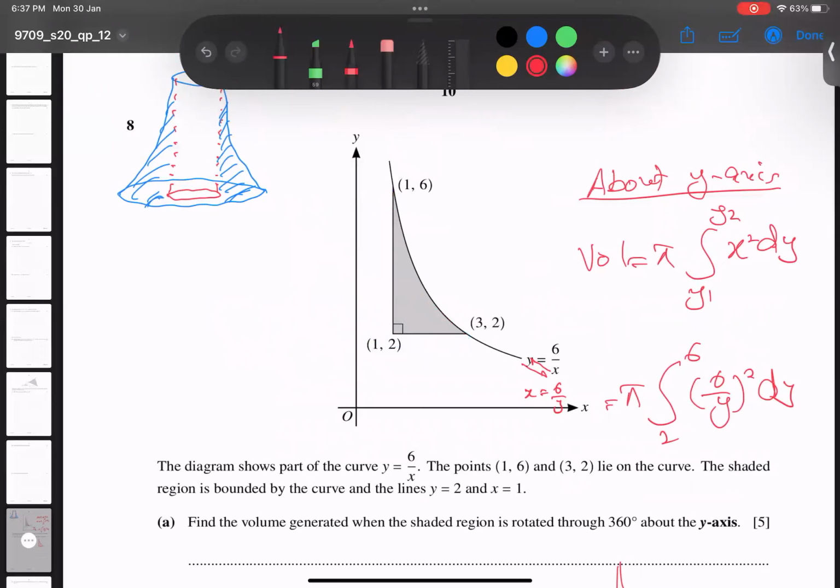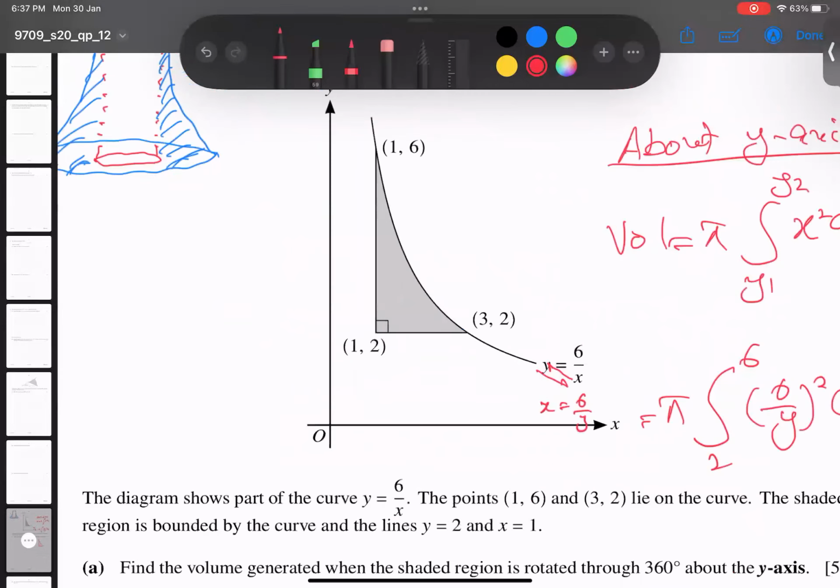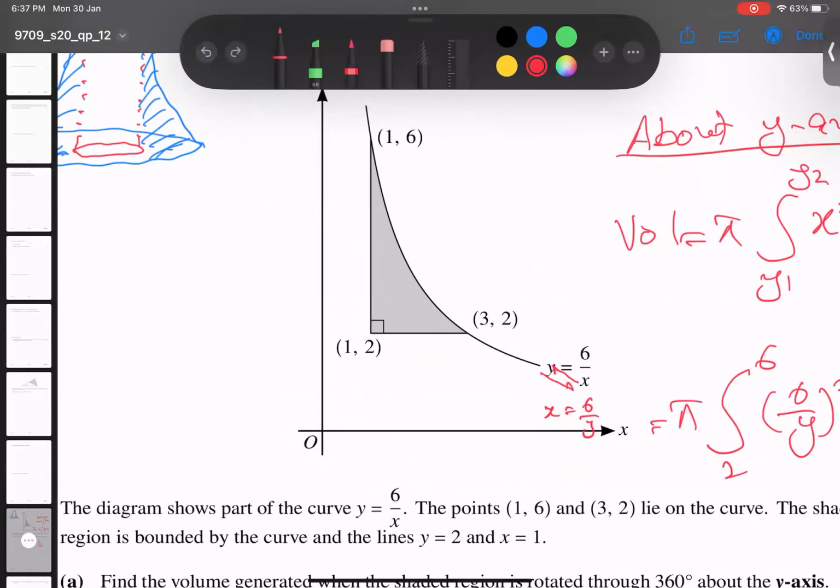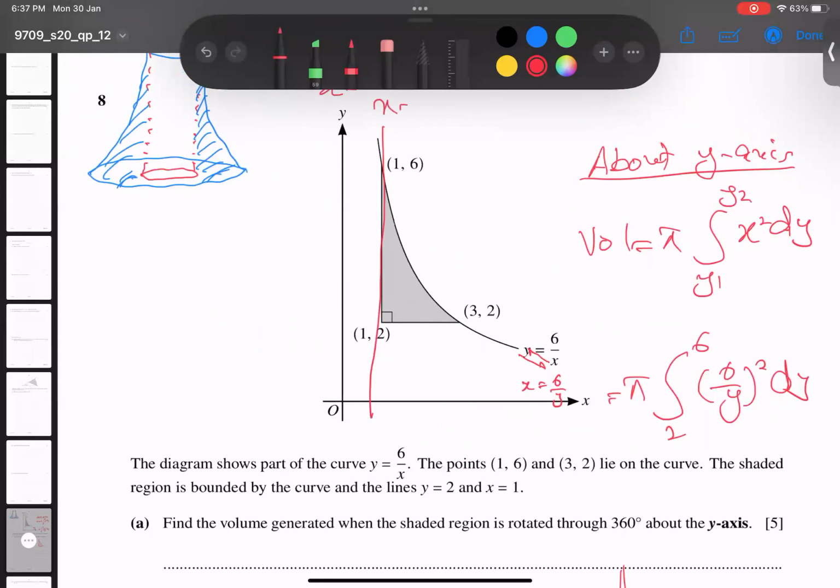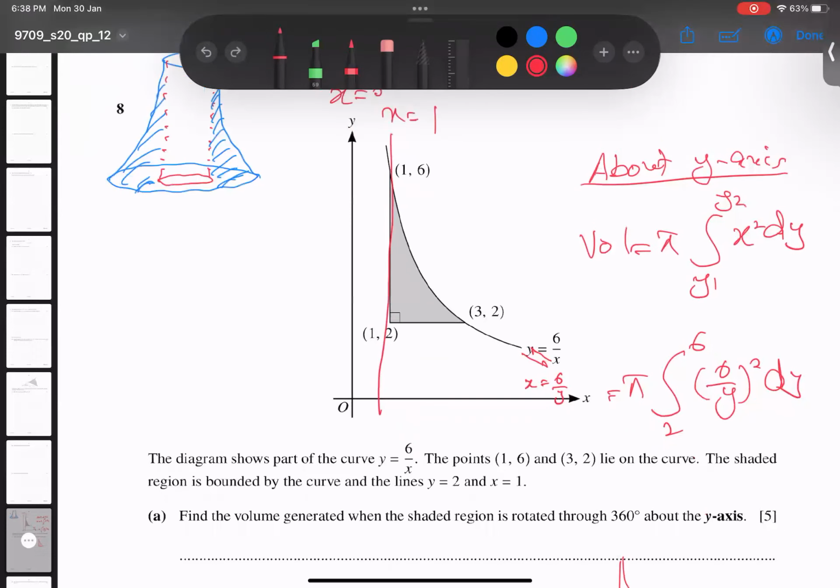For your knowledge, what is the equation of the y-axis? This is x equal to 0. If a line goes through 1, what is the equation of the line? This is x equal to 1. So the way I integrate the x value here, I will integrate 1 the same way, so I will get a cylinder.